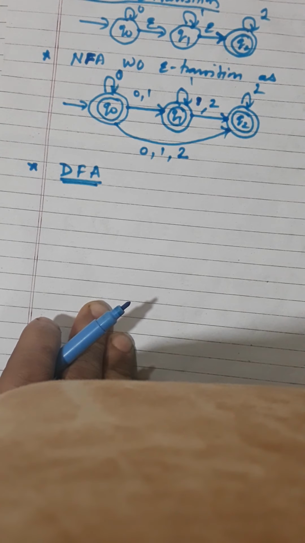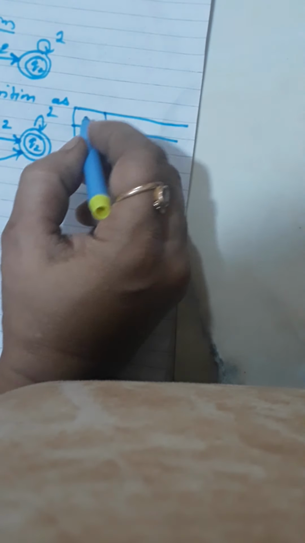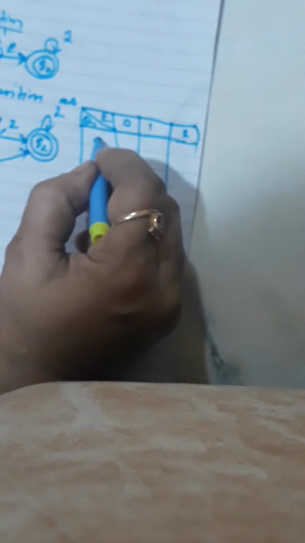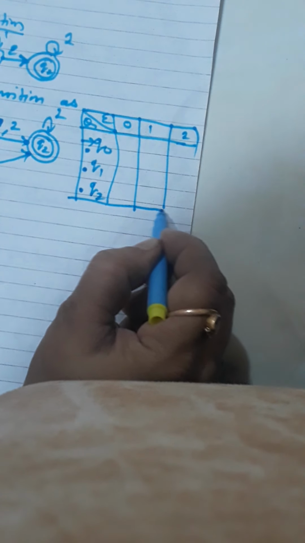If you recall, the table for this had three columns, 0, 1, 2, and rows Q0, Q1, Q2, all final states.